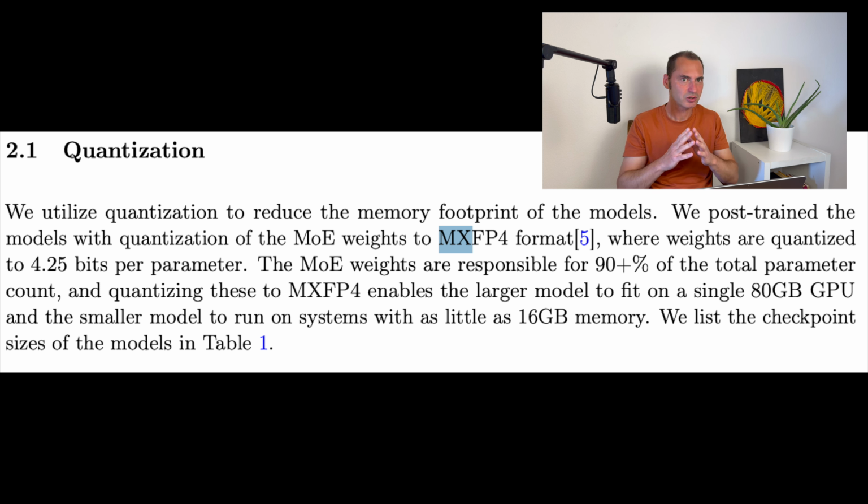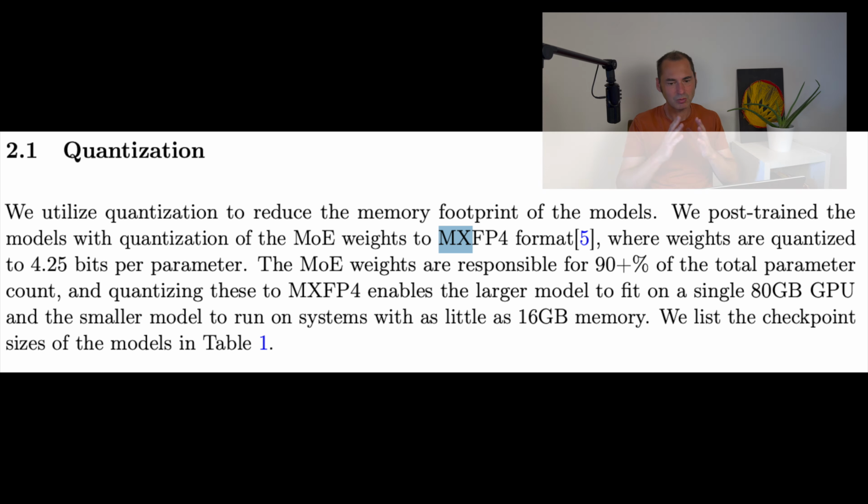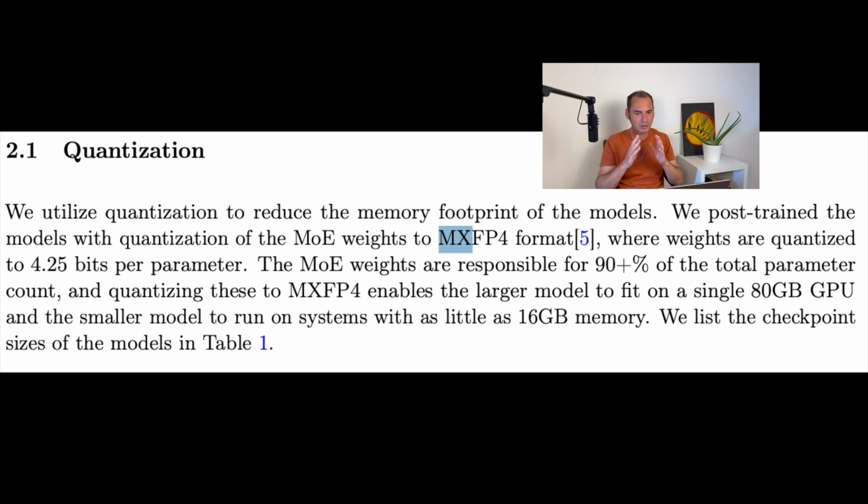OpenAI achieved this by optimizing their training process with quantization to the MXFP4 format, which allows for a 4:1 compression, and it's a relatively novel technique. They also used, by the way, their own Triton programming language that optimizes NVIDIA kernels also quite efficiently.